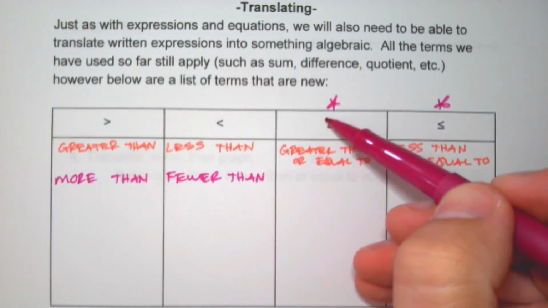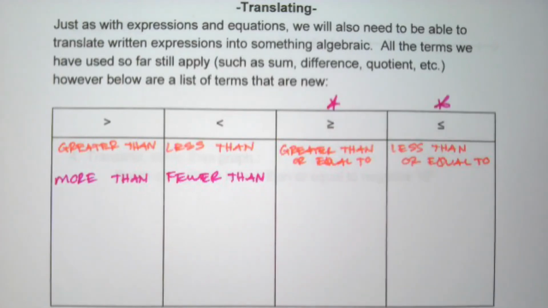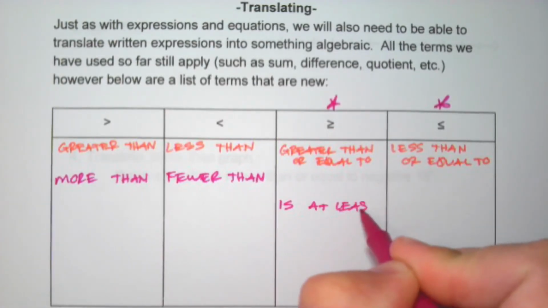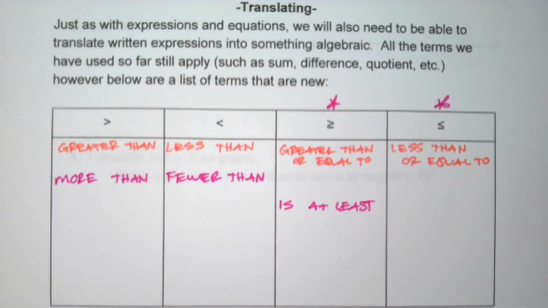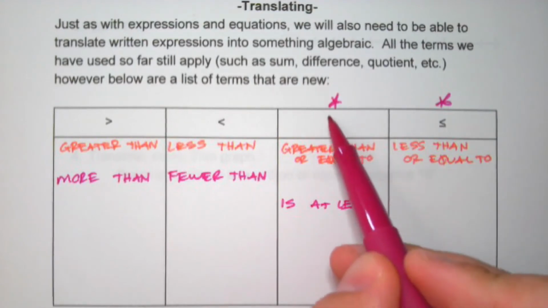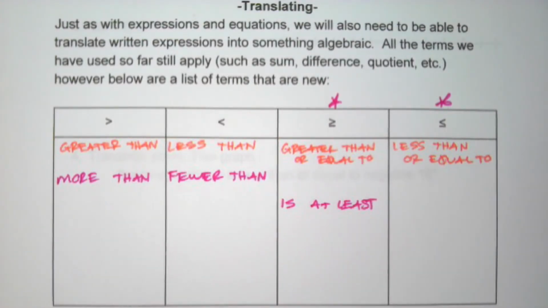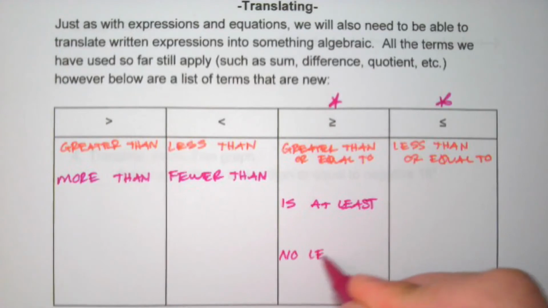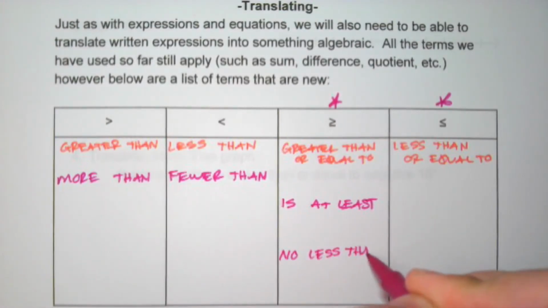So if you're greater than or equal to something, another way to say that is that you are at least that value. So the least thing you could be is that value, and then you're everything greater than or equal to it. So that'll be one we use. And another is no less than, which is kind of counterintuitive, right?